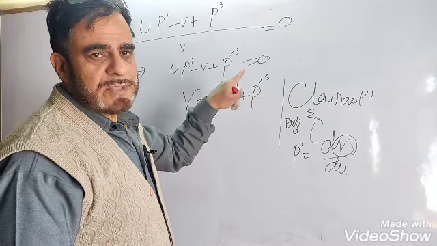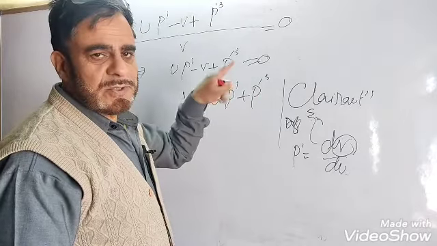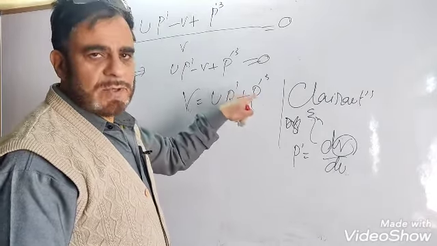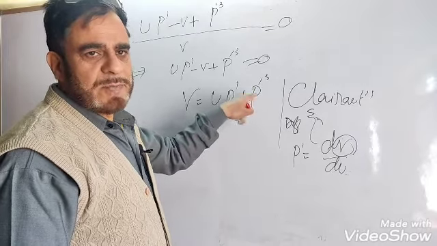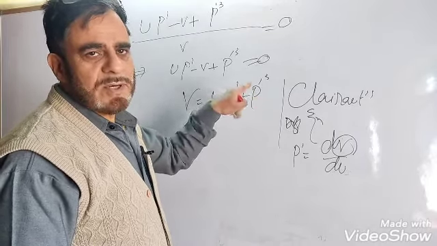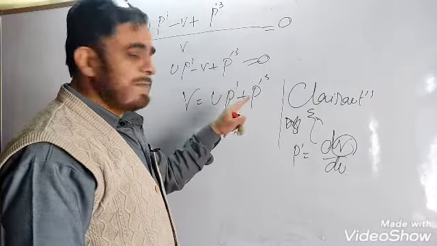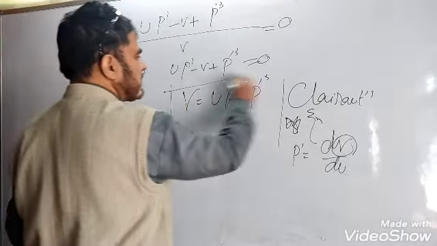Here you should not have u, you should not have v. Constant is immaterial. Whether it involves some constant or not, plus some constant or multiply some constant with this, that does not matter. But it should not involve here u and v. So it is a Clairaut's differential equation.